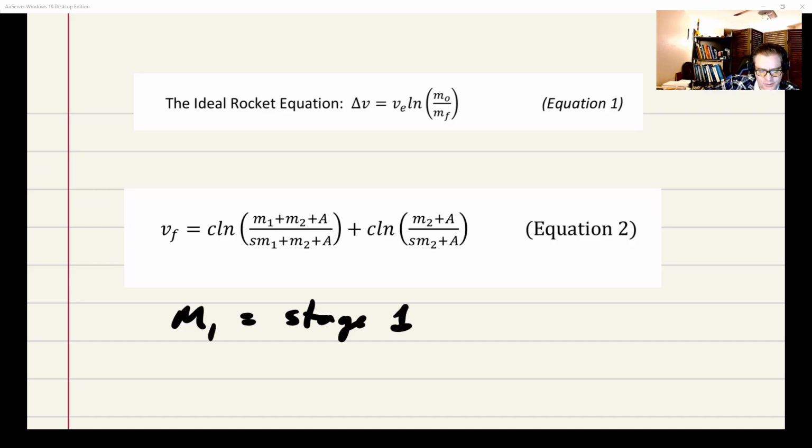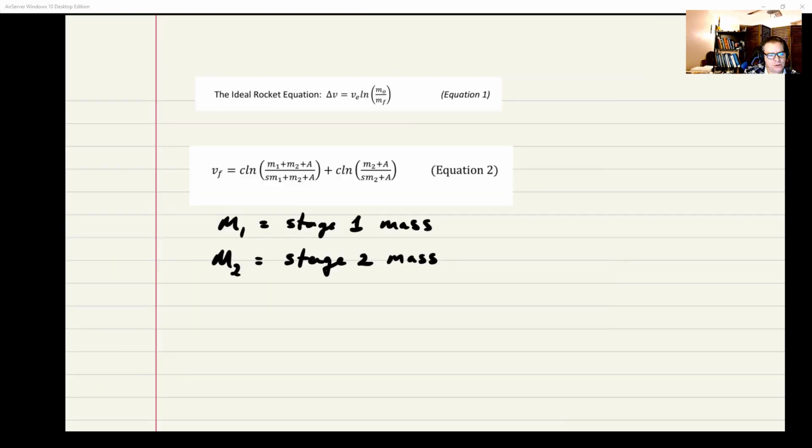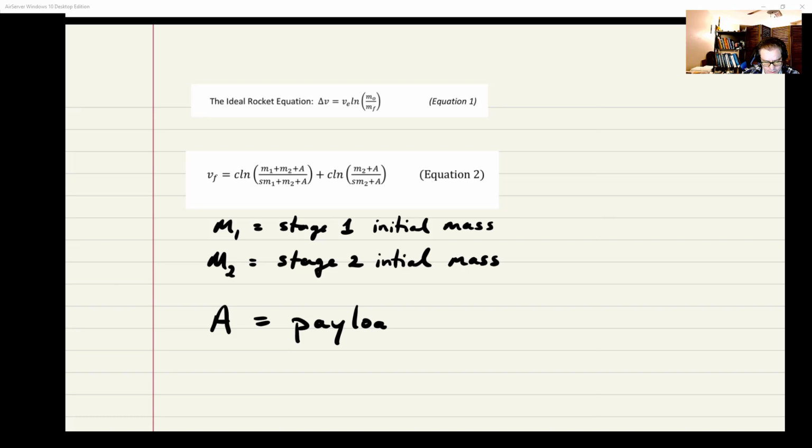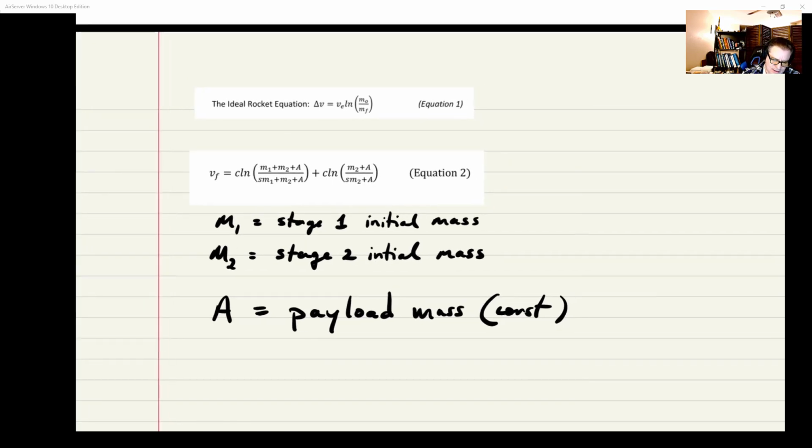And I'll sometimes also want to refer to it as a step mass because it's the mass for just stage 1. M1 is the stage 1 mass, total initial mass. M2 is the stage 2 initial mass. A will represent the payload mass. This is a constant, fixed parameter that's given at the beginning.